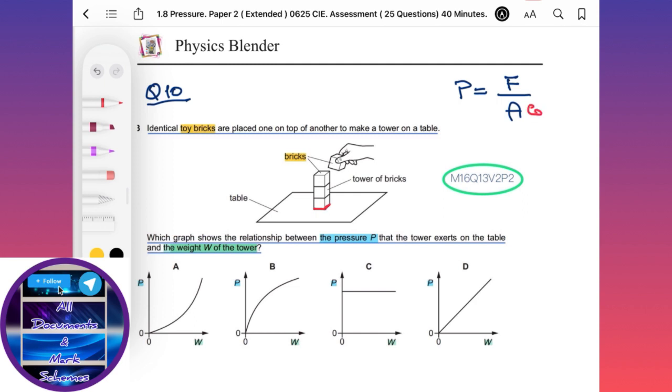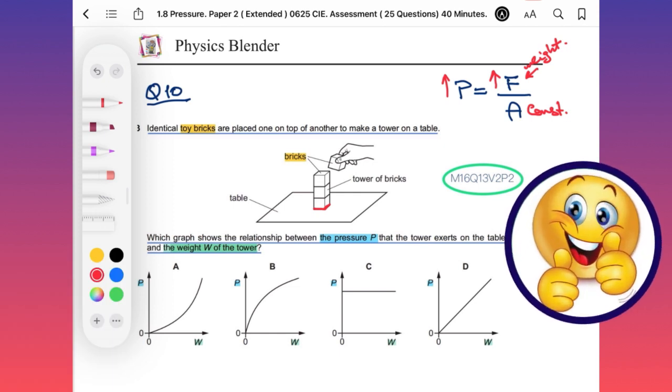So area of contact is constant and pressure is directly proportional to the applied force. So increasing the weight will increase pressure. In this case, the applied force is the weight of bricks.